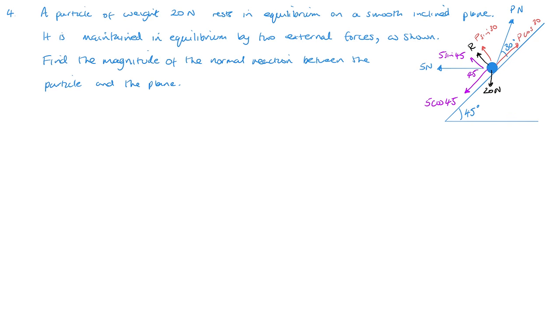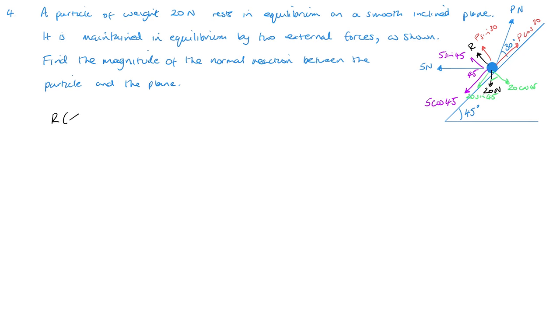Now dealing with the 20 newtons, we're going down and perpendicular. Again this angle is 45, so this is 20 cos 45 and 20 sine 45. But like I said, with the 45 ones, it doesn't really matter.